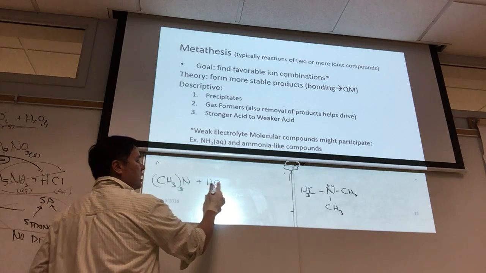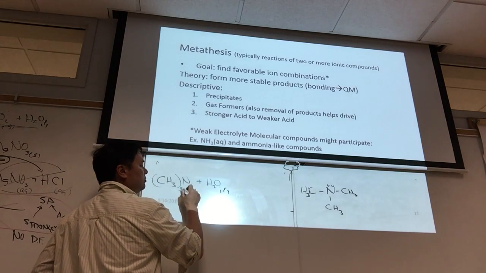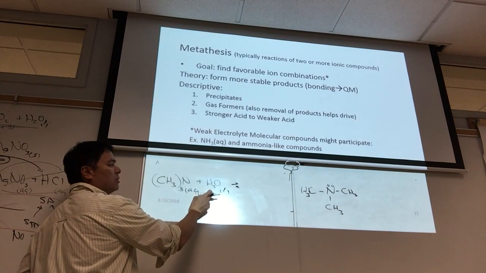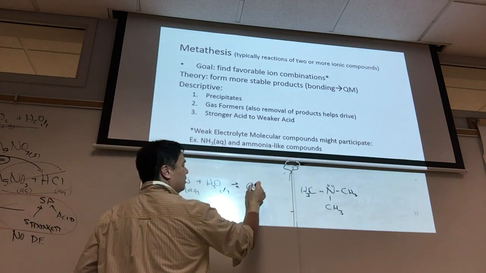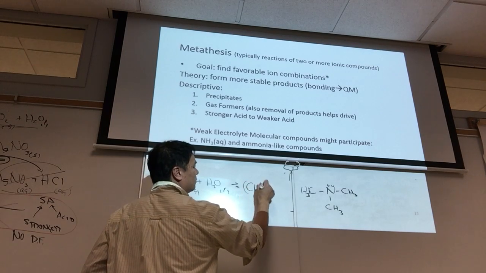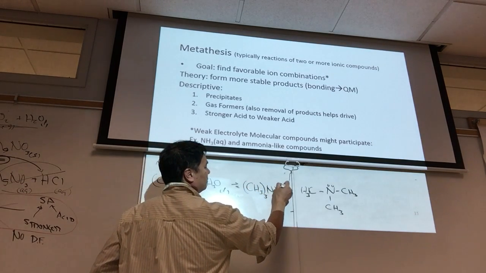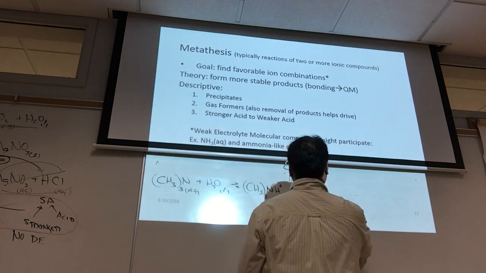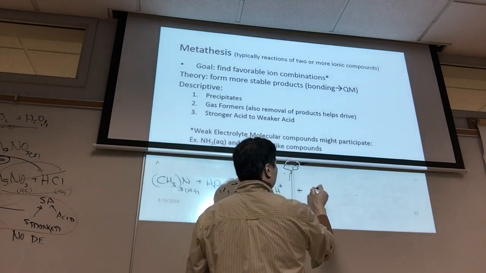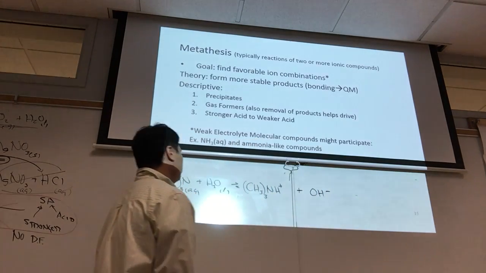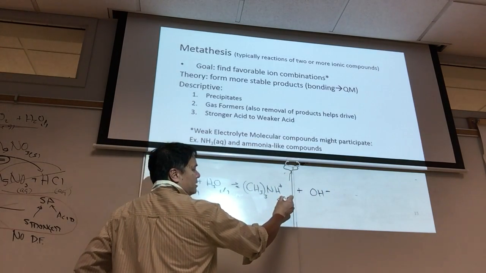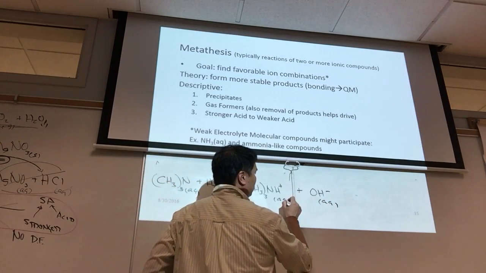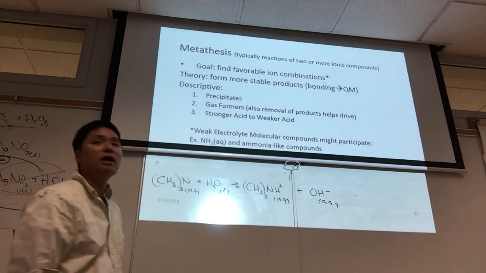Well, the weak base is a proton acceptor, water is a proton donor, so it's going to form trimethylammonium ion and hydroxide. This is just like ammonium ion, except we have methyls instead of the hydrogens, and hydroxide.